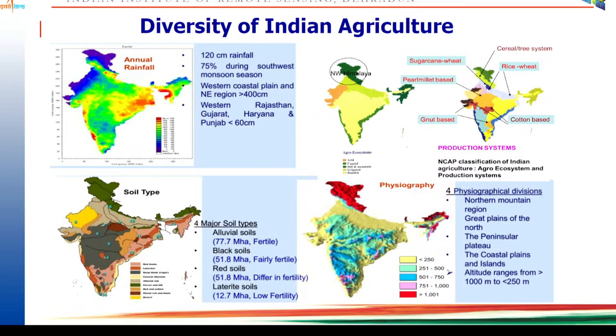More than 130 crops are grown throughout a year in India. So this kind of large scale diversity, or you can say heterogeneity in the different factors, to a certain extent limits the application potential of geospatial technology.